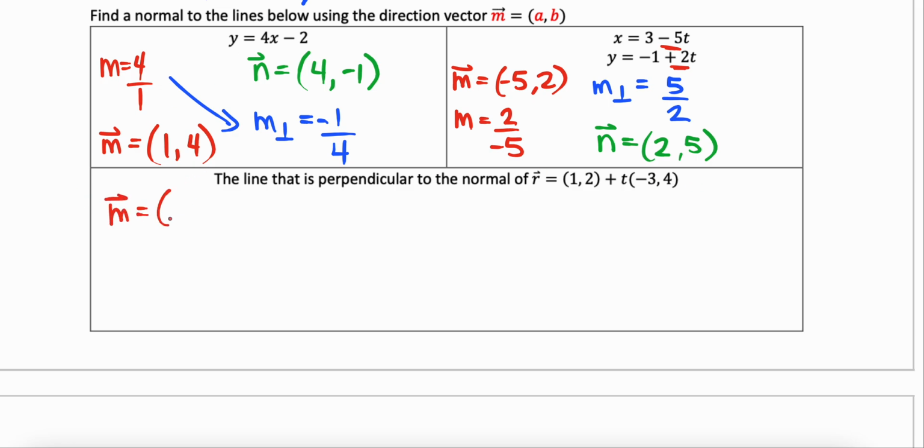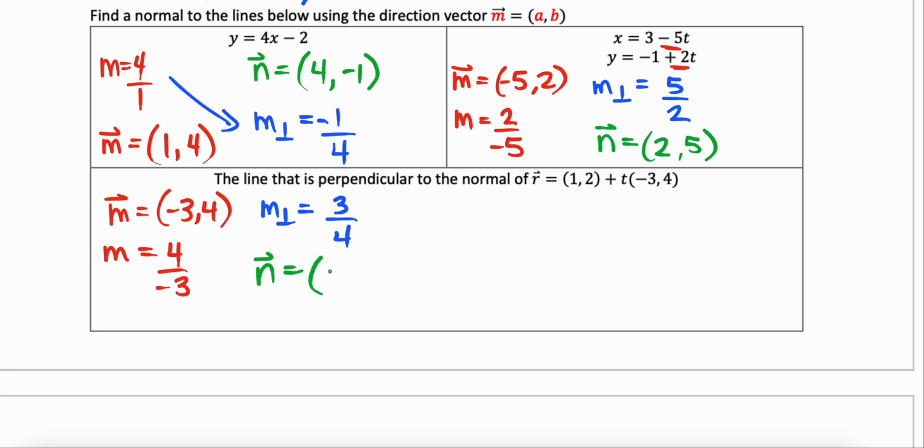So my direction vector is negative 3, 4, which means the slope of that line would have been 4 over negative 3. Now, the slope that is perpendicular to that line would have been 3 over 4, which means the normal vector to that line, r, would be 4, 3.